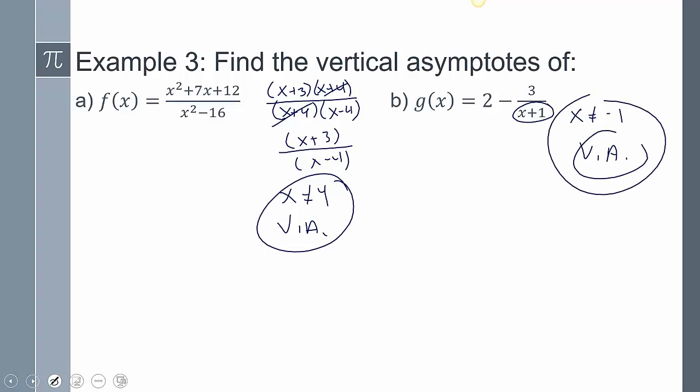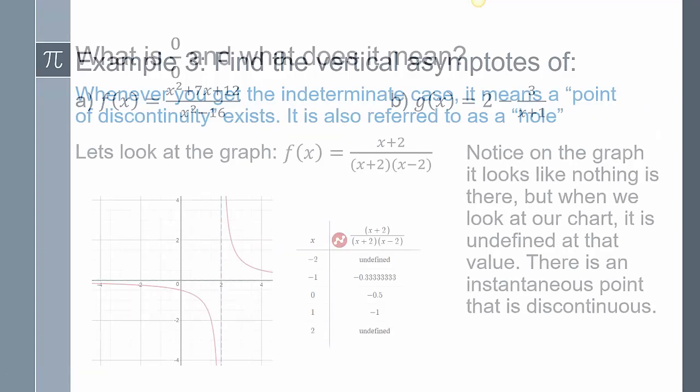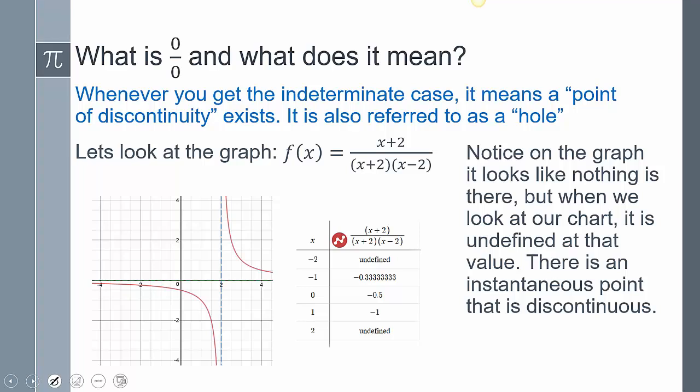And I know it's my vertical asymptote because it was a domain restriction, but it didn't give me 0 over 0. Right? That's the big one. Now, what does this 0 over 0 mean? If you do get that indeterminate case, it represents a point of discontinuity. Another slang term for it is a hole. Now, if you look at this graph here, it doesn't appear like there's anything there.